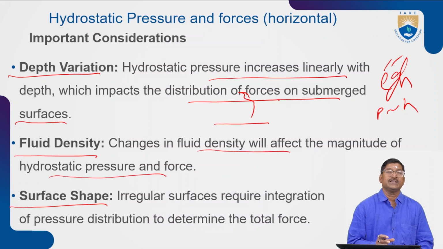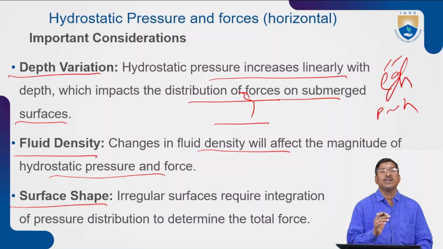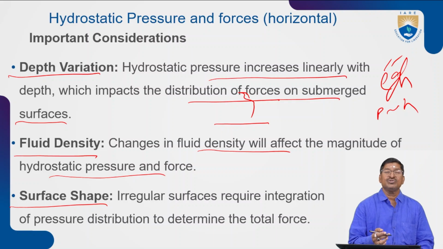Depending upon the density of the fluid in which the surface is submerged, the pressure also will be related to that. If density is more, pressure also will be more. As depth is more, pressure is more. As fluid density is more, the pressure also will become more.